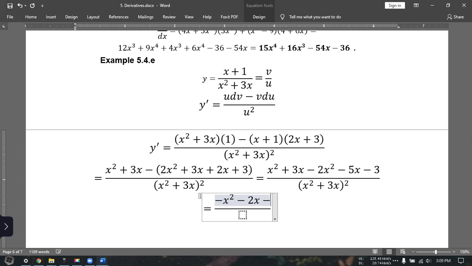Now we have minus 2. Okay, so this is the final solution, or you can just factor out the negative sign.